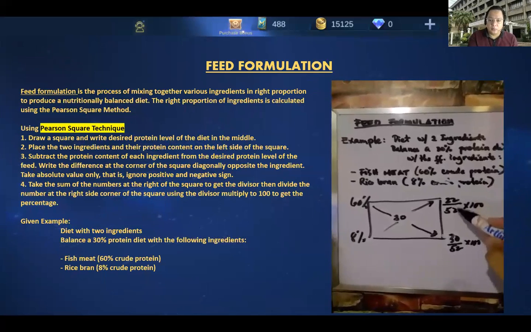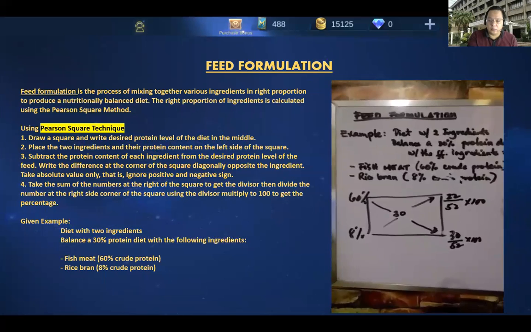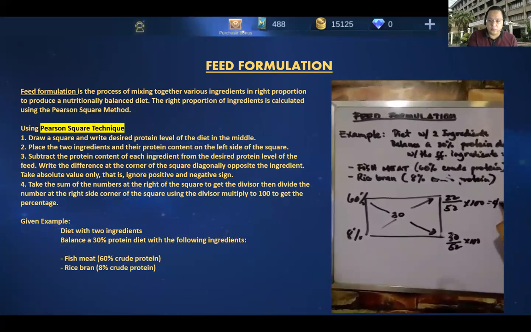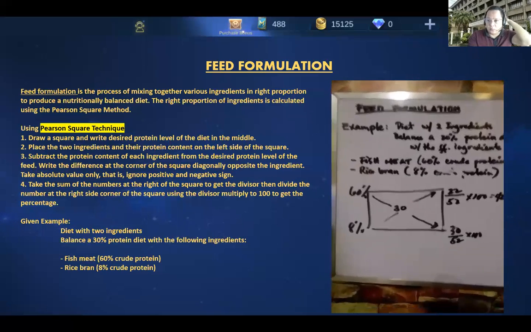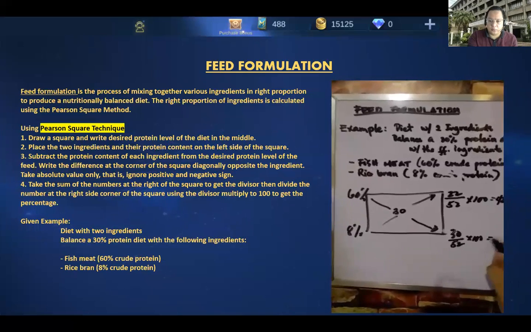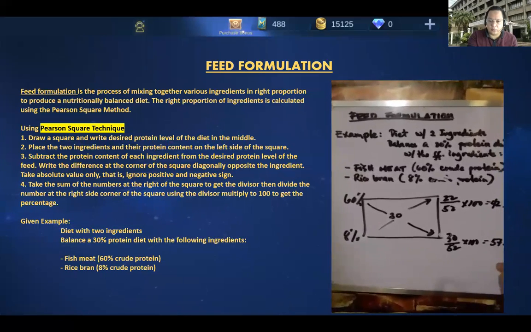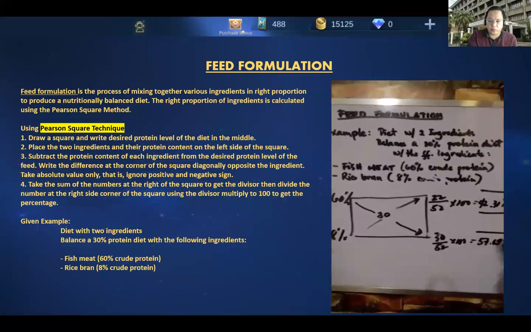So 22 divided by 52 times 100, our answer is 42.31%. And then 30 divided by 52 times 100, our answer is 57.69%. So this is our answer now.